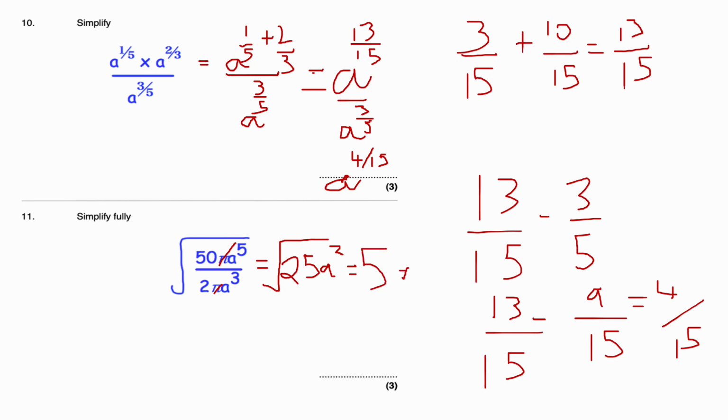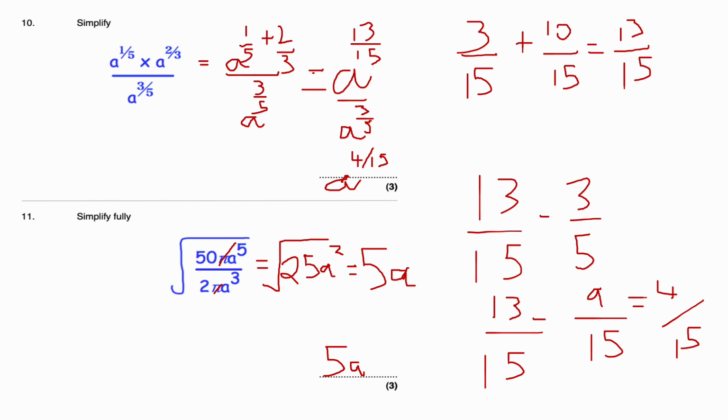Because the square root of 25 is 5, because 5 times 5 is 25, and the square root of a squared is just a. Because the square root of a times the square root of a gives me the answer of a. So the square root and the square end up cancelling each other out because they're what we call inverse operations.